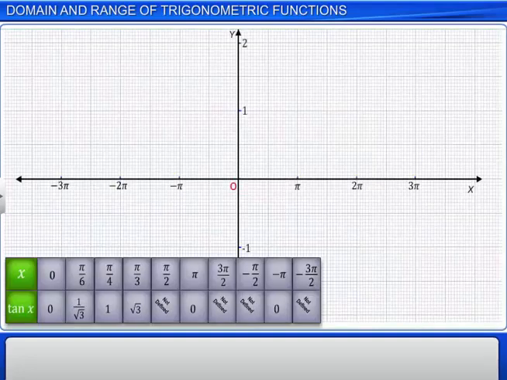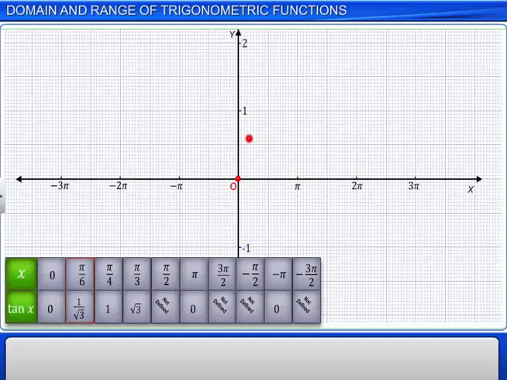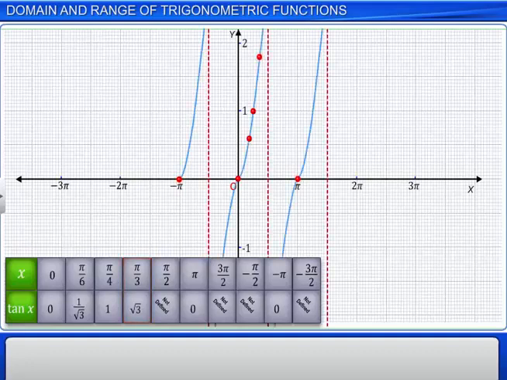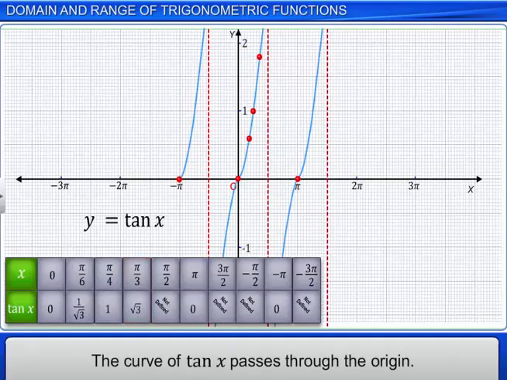Plotting the values of x on the x-axis and tan x on the y-axis, we get this graph. Observe that the curve of tan x passes through the origin.